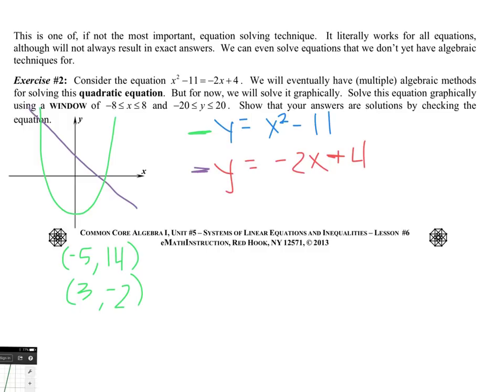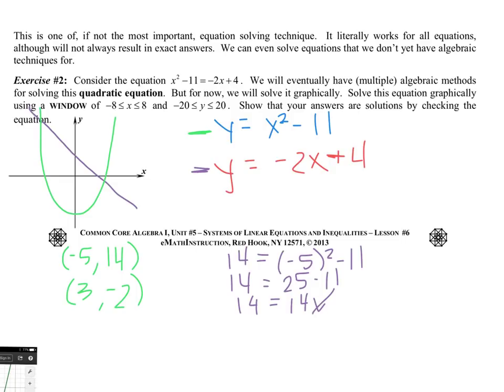So in the original equation, is 14 equal to negative 5 squared minus 11? So is 14 equal to 25 minus 11? Yes, 14 is equal to 14. We did that one correctly.